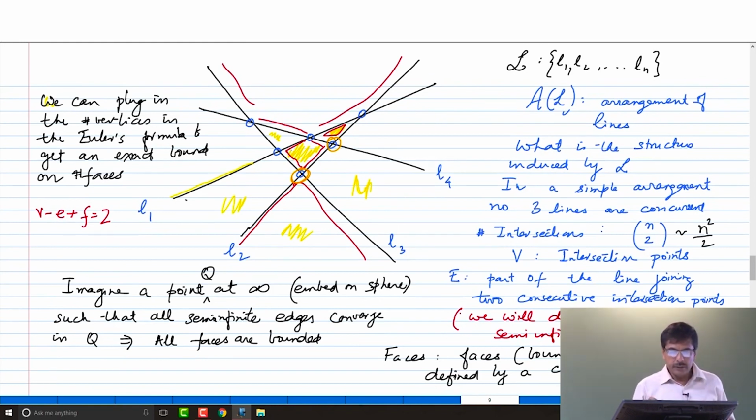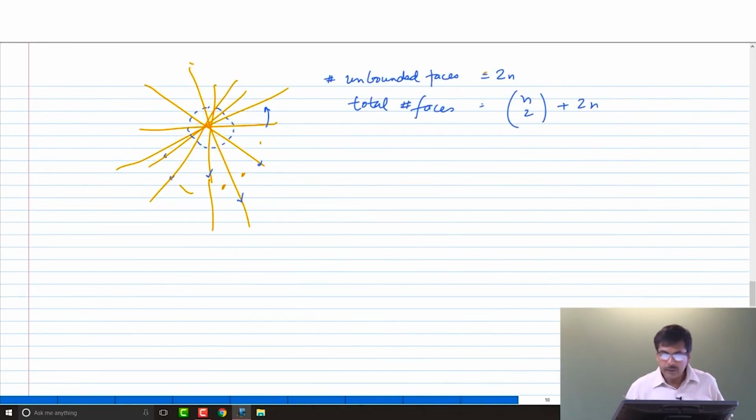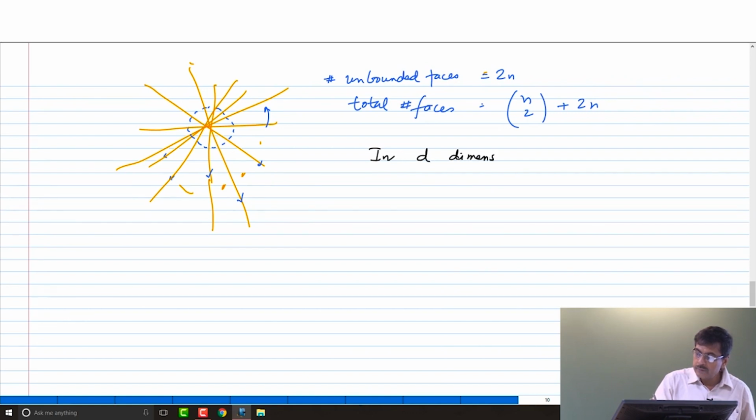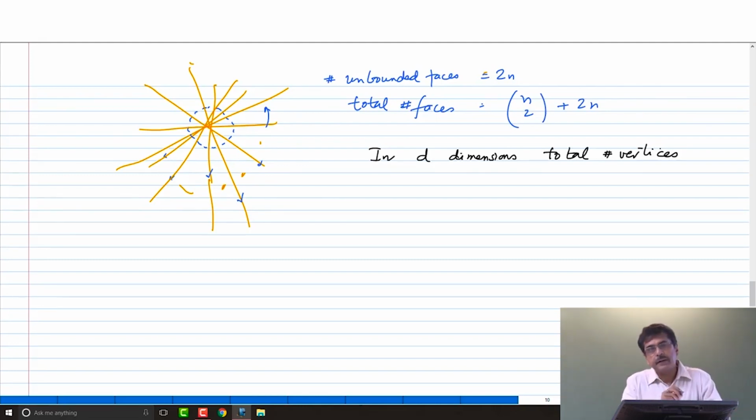So, the other thing to notice about this diagram is, by the way, let me also point out very quickly that in d dimensions, what is the total number of vertices? So, in 2 dimensions, 2 lines intersect in a point.